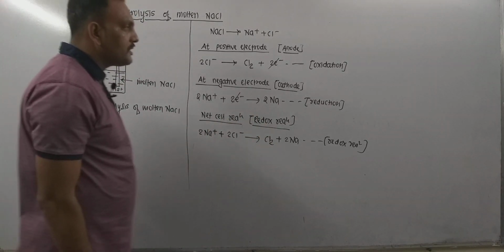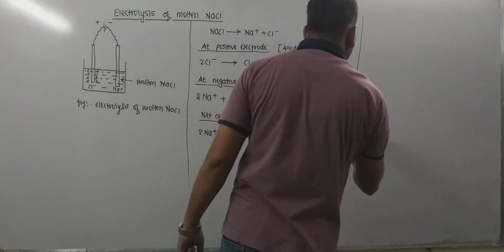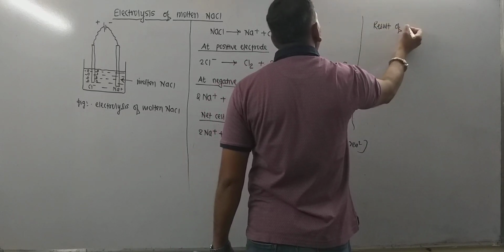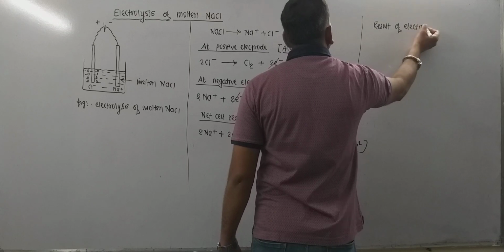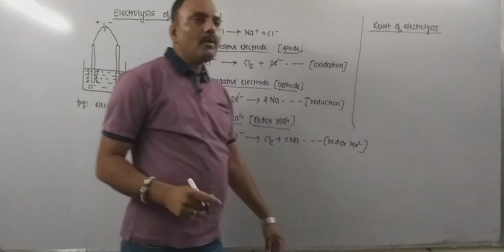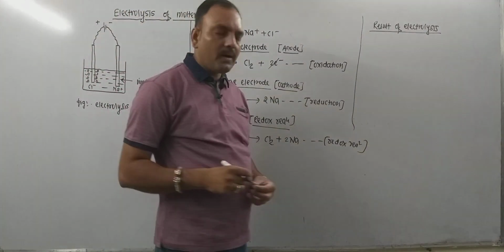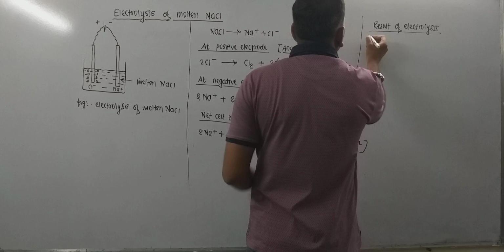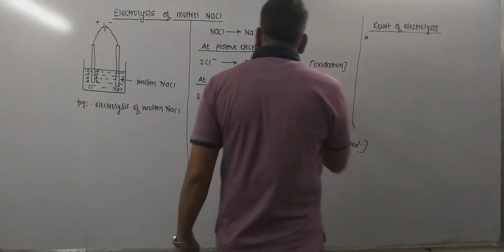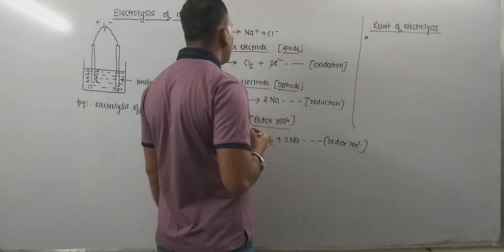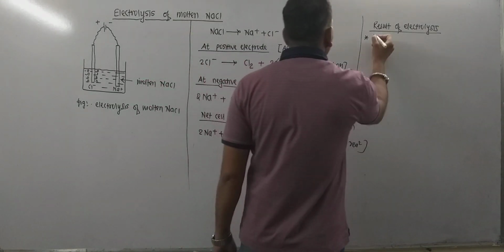So what are the results of the electrolysis? The first big thing is at the anode, chlorine gas is liberated, thus effervescence can be seen.